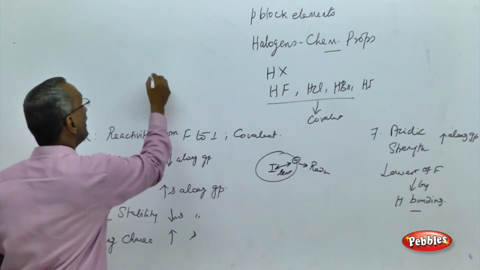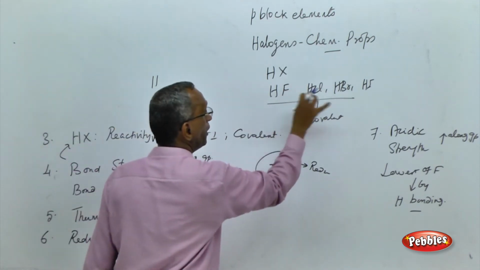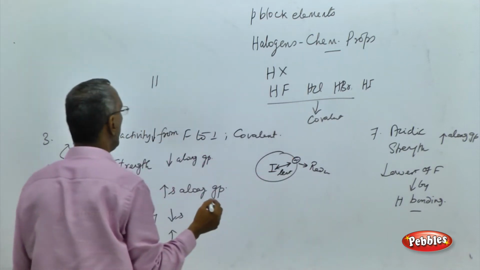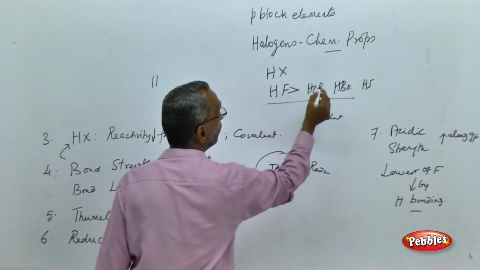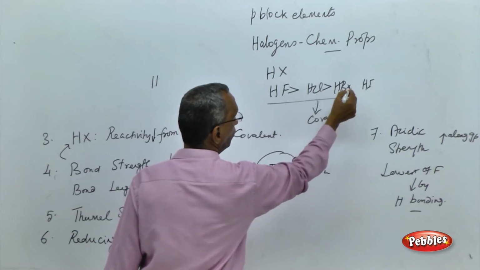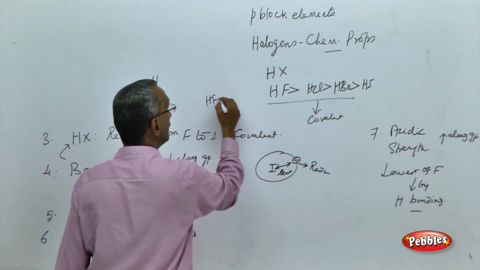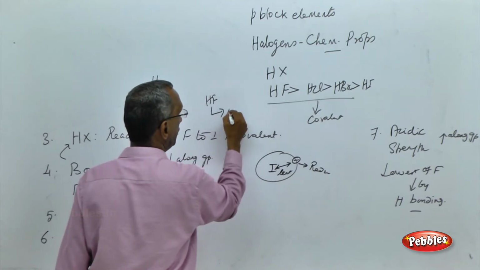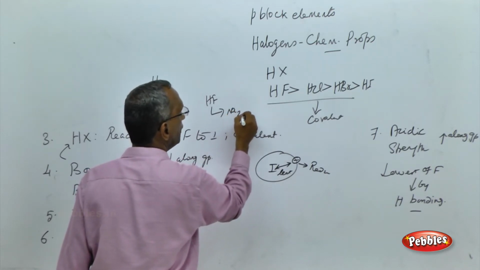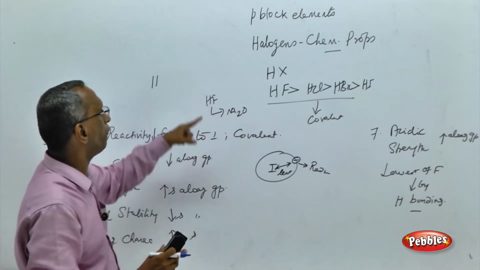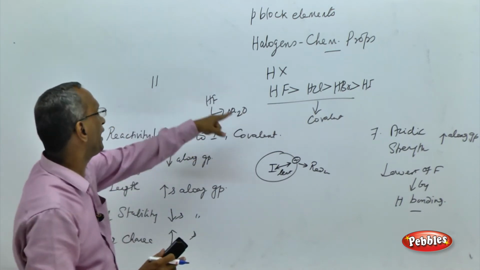Similar to halogens, in hydrogen halides also reactivity decreases. HF is most reactive, HI least reactive. So HF cannot be stored in bottles. Glass bottles contain sodium oxide and silicon dioxide.